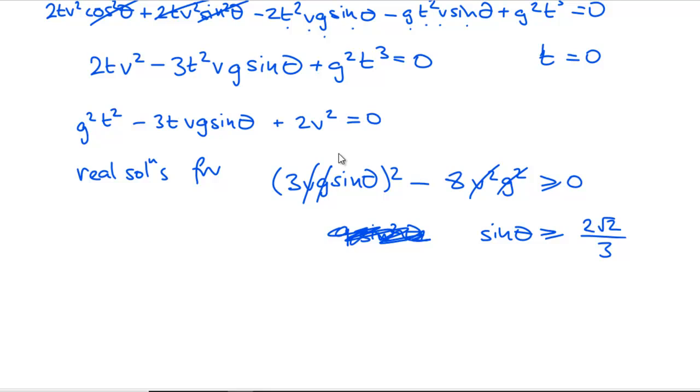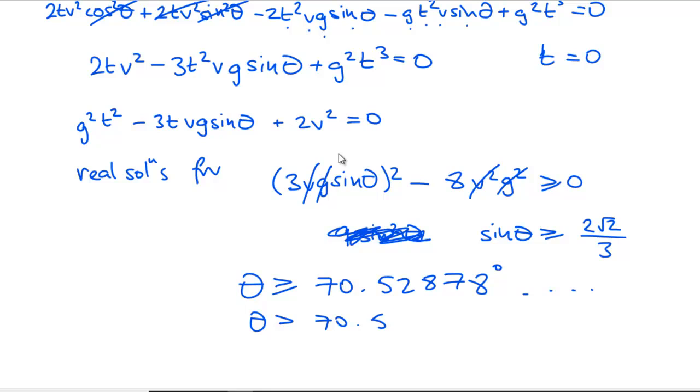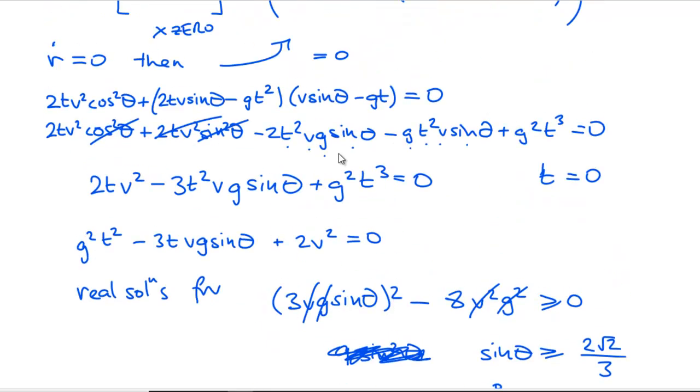Well, that isn't going to be 45, so my hunch failed then. Let's stick that into the calculator. So theta is going to be 70.52878 degrees. So theta greater than 70.5 degrees. Right, so is that what I wanted?